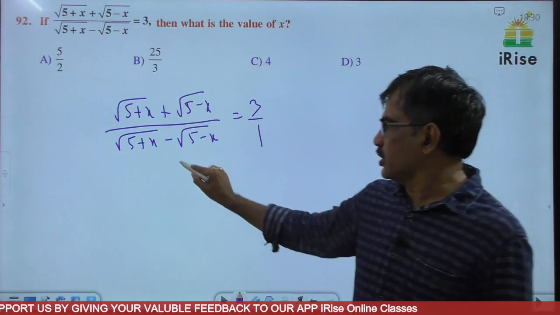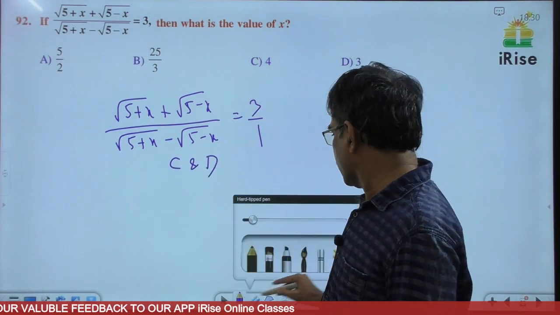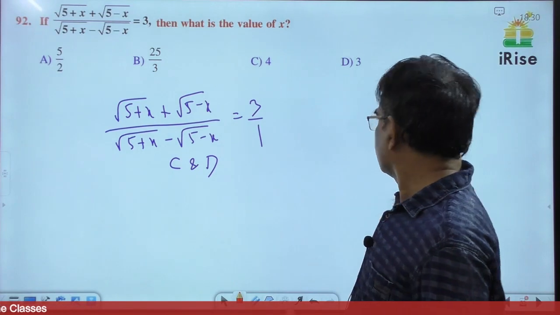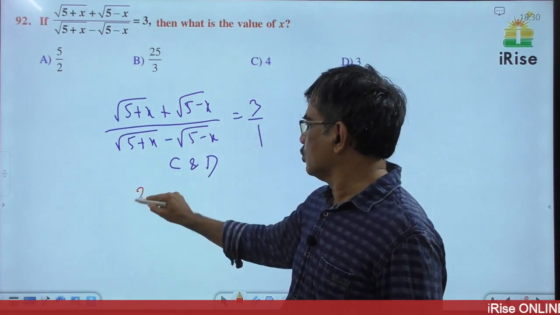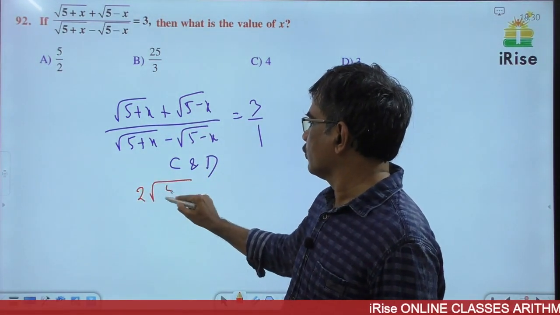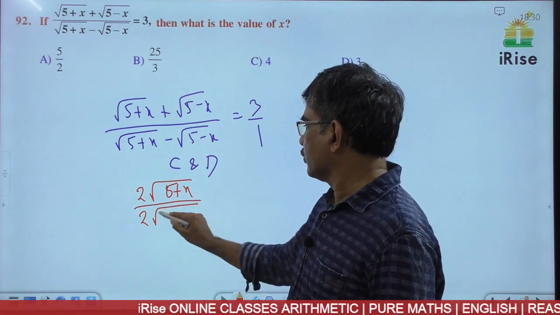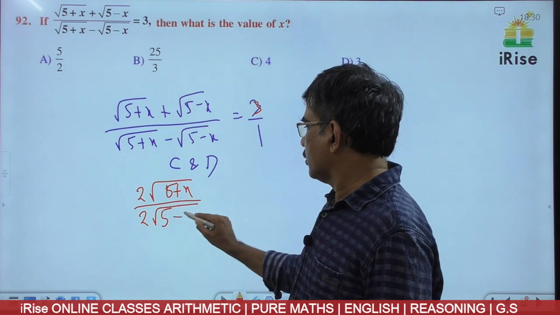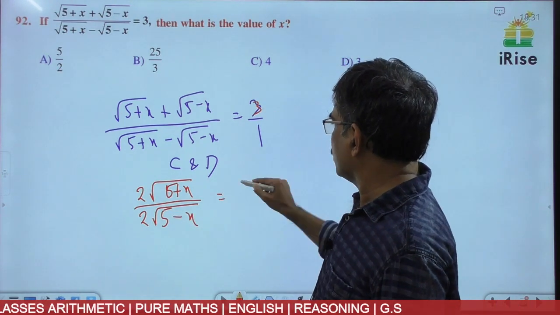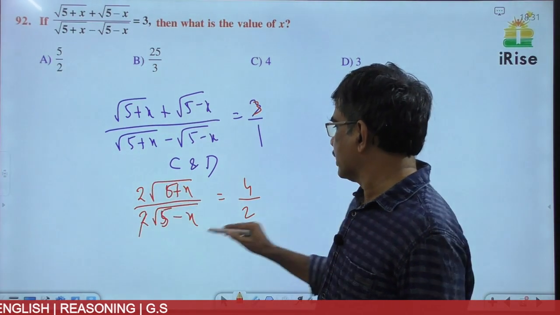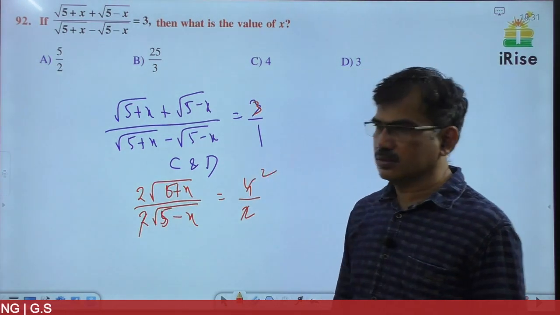Apply componendo and dividendo. What do we get here? If you add these two, 2 root 5 plus x by 2 root 5 minus x is equal to, add these two, 4 by subtract 2. 2s cancel.